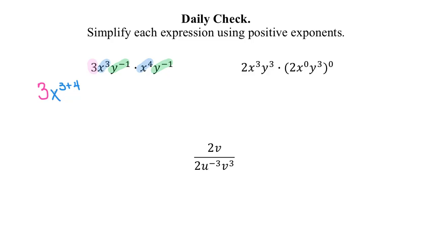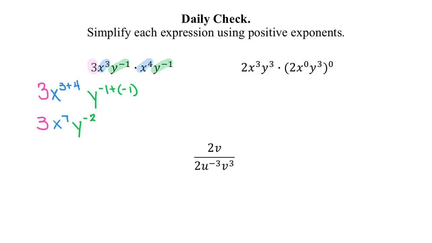And the y's? Okay, so keeping the base, adding the exponents. So you had 3x to the 7th power, as you said, and then y to the negative 2nd power. Now, it does tell us that we have to write this using positive exponents.